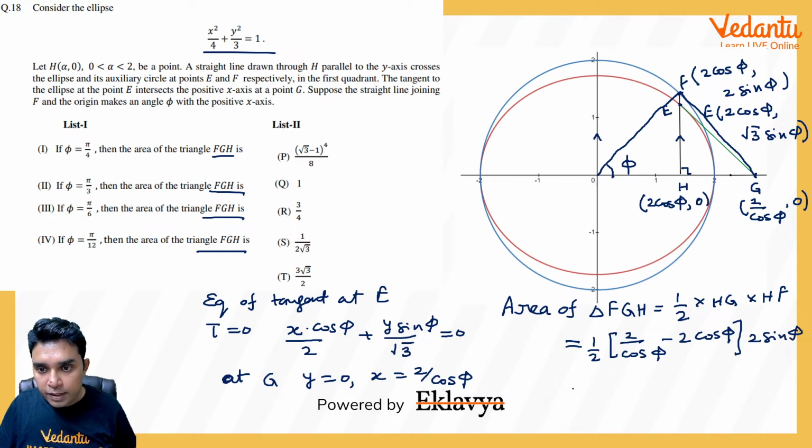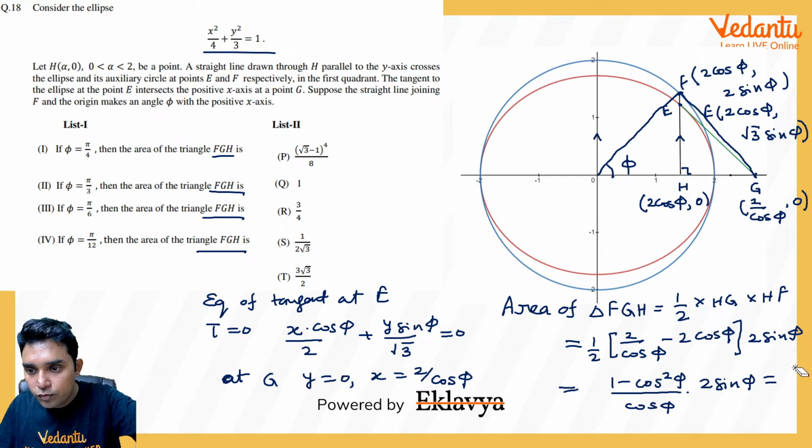So this 2 will be cancelled here, and it will be (1 minus cos square phi) upon cos phi into 2 sin phi. So this becomes equal to 2 sin cube phi upon cos phi. So that is the area we are getting.